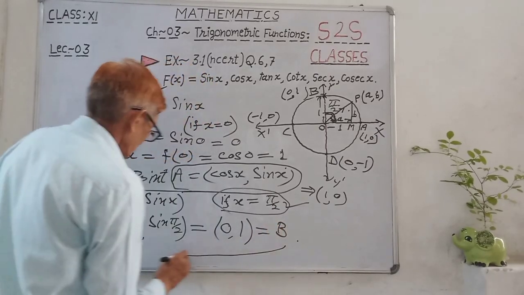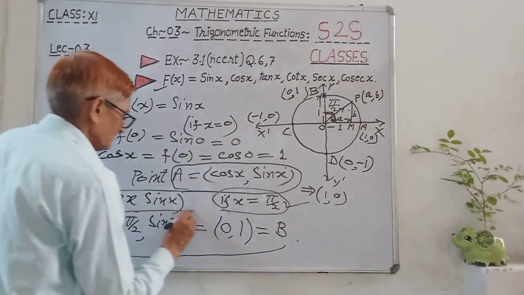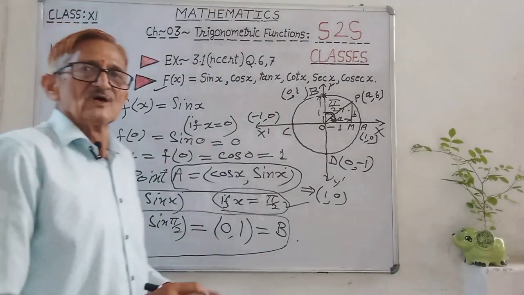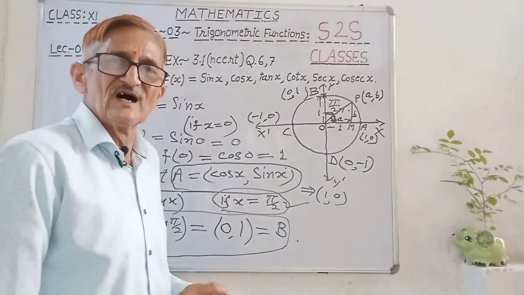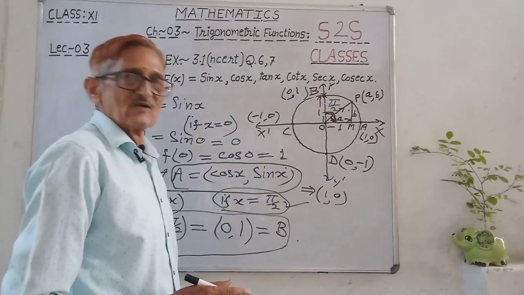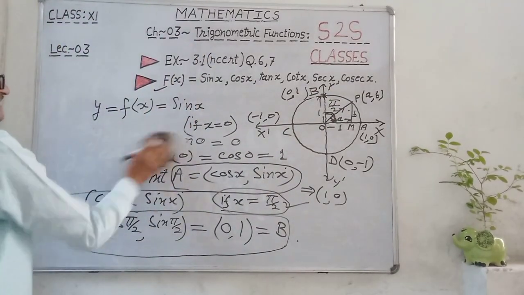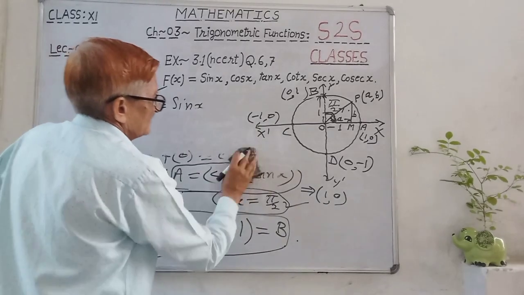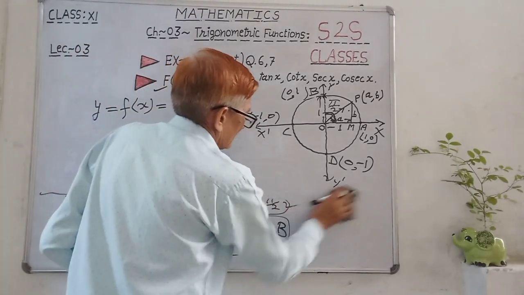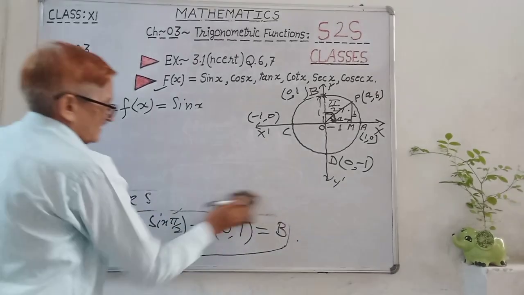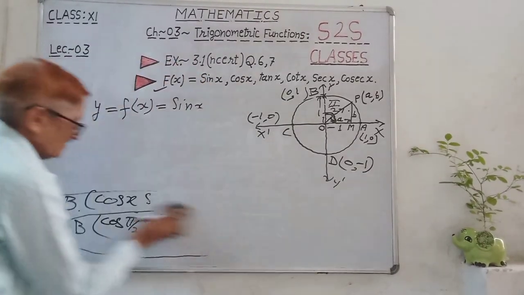So point B is represented by the same cos, so it means in general form cos x comma sin x is the A comma B. So in general, what is the angle x for the sine function and cos function? We have checked this, okay, these are the coordinate system.